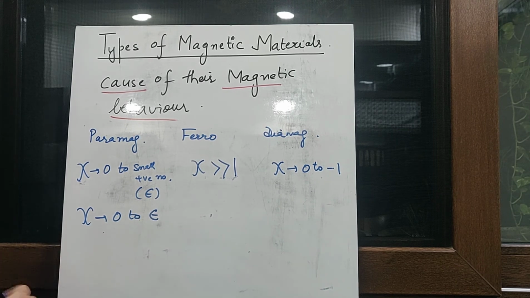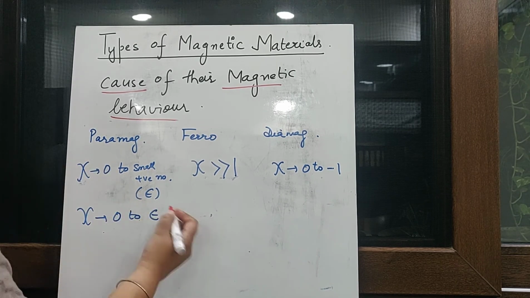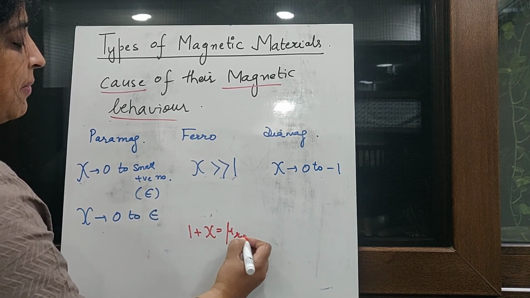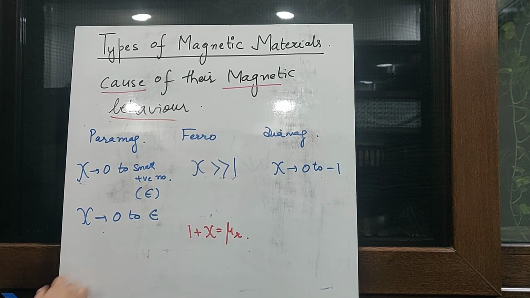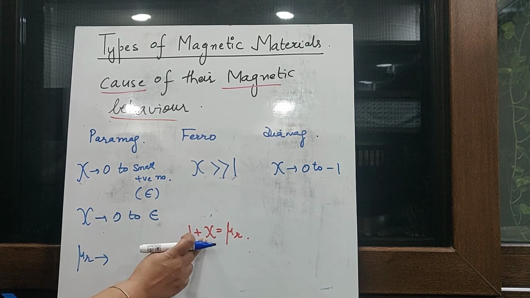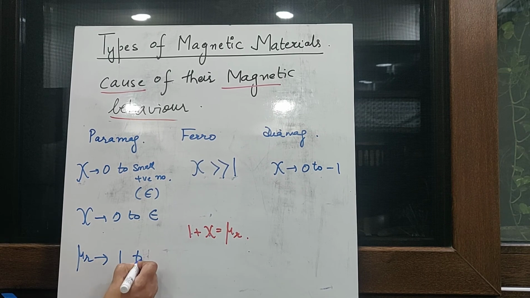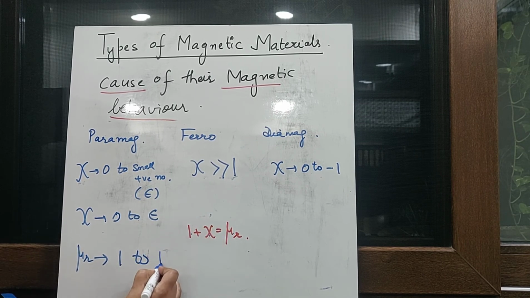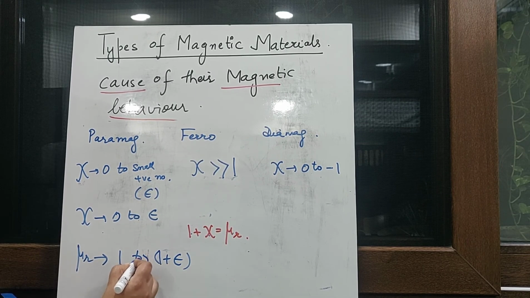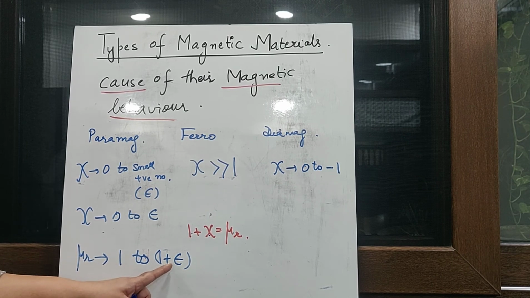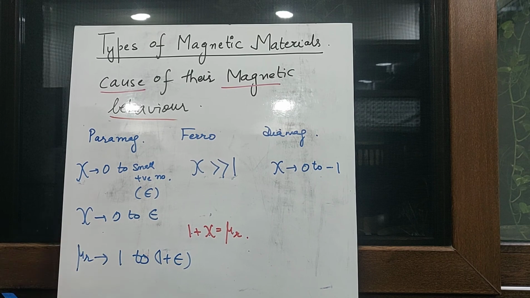We have also learned a relationship that 1 plus chi is the relative permeability. And because of this relationship, we can write down the relative permeability here. So substituting chi as 0, mu r will be 1. For chi as epsilon, it will be 1 plus epsilon. So relative permeability ranges from 1 to 1 point something, a small positive number.